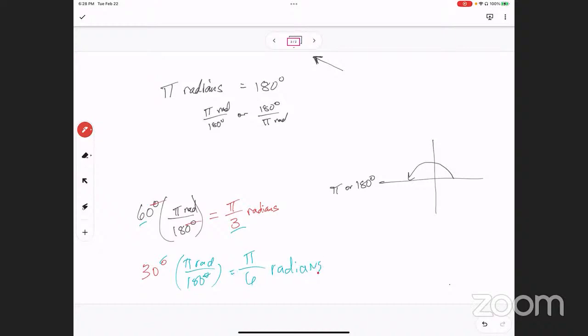Let me teach you a little trick about reducing. 30 over 180. Well, the 10s cancel, right? So it's 3 over 18, and 18 is really 3 times 6. So those cancel, so it's just 1 over 6. That's how you should think about reducing fractions.